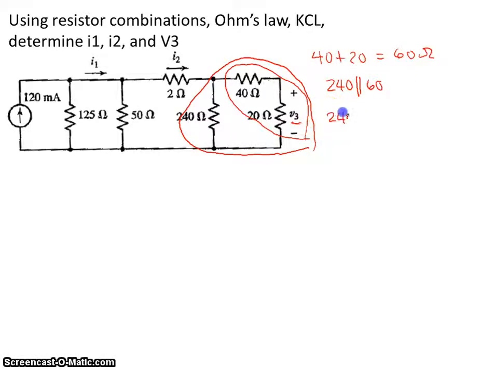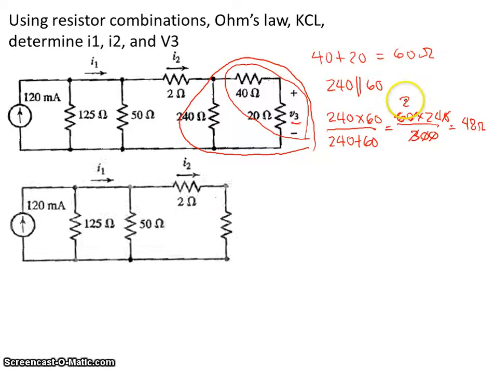This is equal to 240 times 60 divided by 240 plus 60, and that's equivalent to 60 times 240 divided by 300. If I cancel zeros here and then 3 cancels over here, this is a 48 ohm resistance. So that 48 ohm resistance is down here.